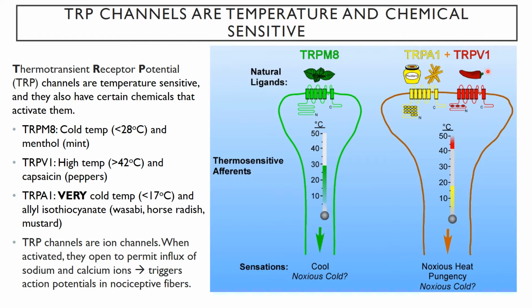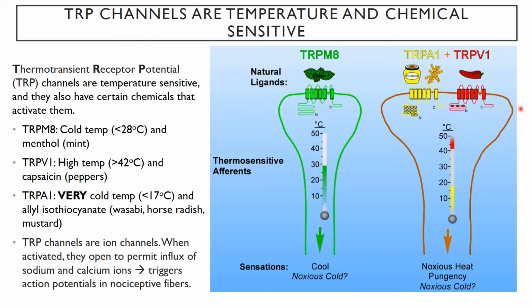So these channels, they come in a bunch of different flavors. These are just 3 of them. There's I think upwards of 10 or maybe even more of these types of channels that have been identified in vertebrates. There are several of these heat and cold sensing channels in invertebrates as well.